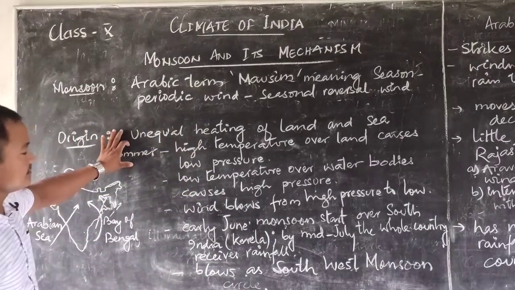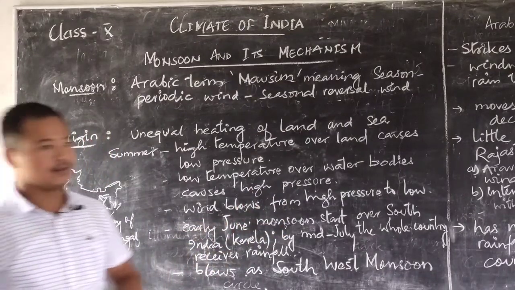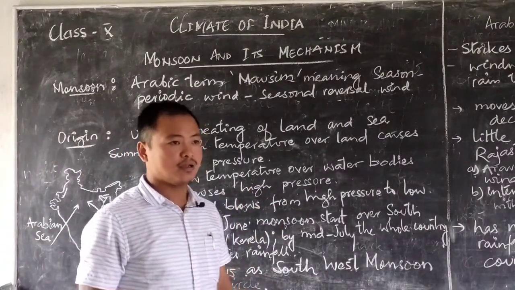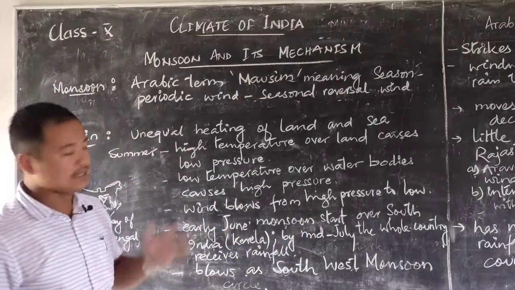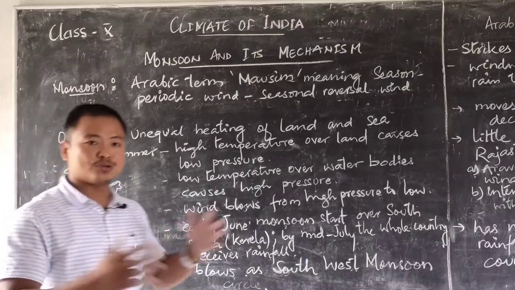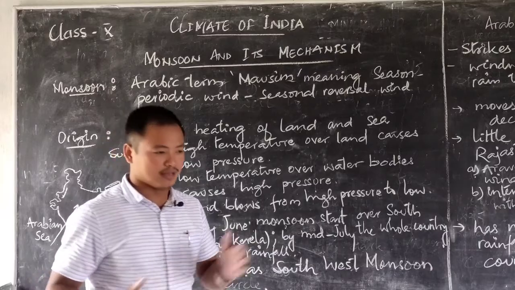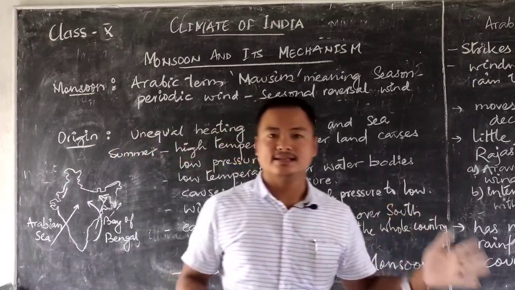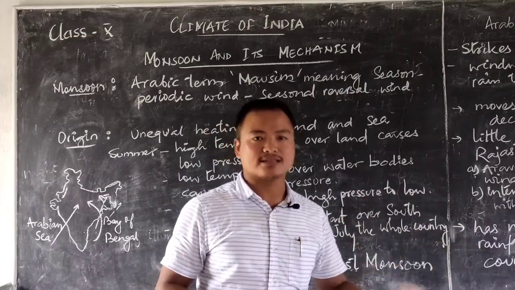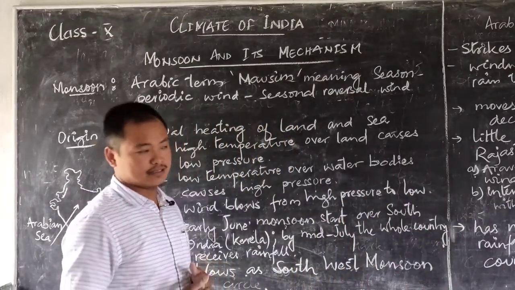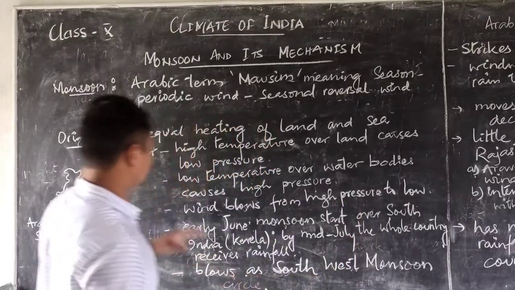See, during the summer season, the temperature is high, and then in winter season, the temperature seems to be low. So this high and low temperature condition that we see during the summers and winters, that is two different seasons, affects likewise to the land masses as well as sea. The land heats faster than the water bodies, and at the same time also cools much faster than the water bodies.